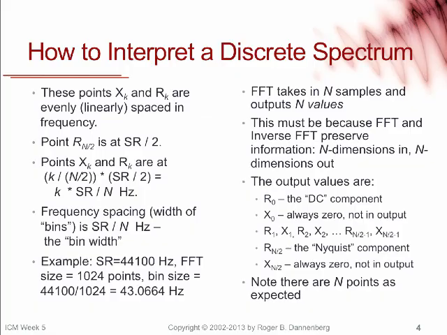These numbers have to be the same because FFTs are invertible. So if you have a 1024 point analysis, essentially the signal and the spectrum have a dimensionality of 1024. For this transform to be invertible, you have to have the same number of dimensions on the input and the output.